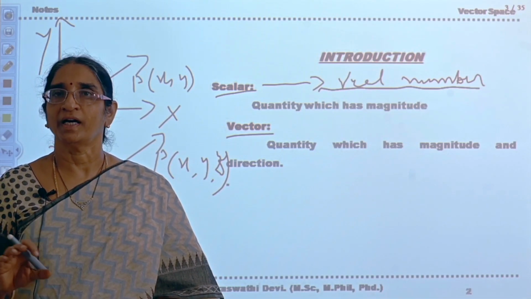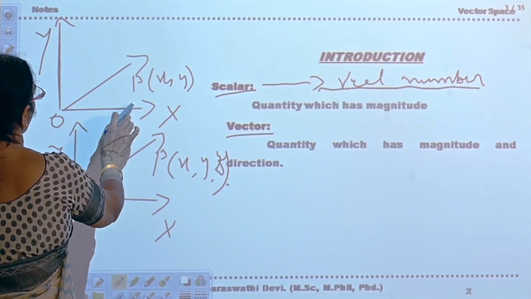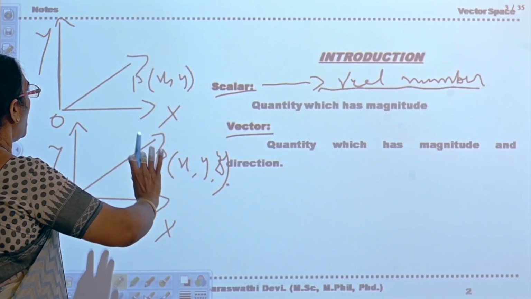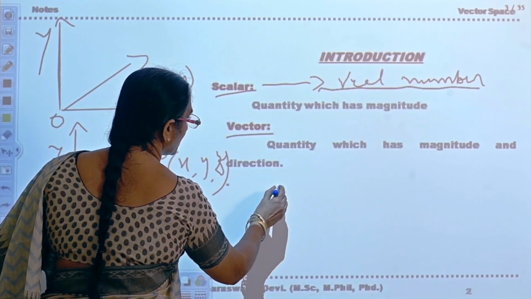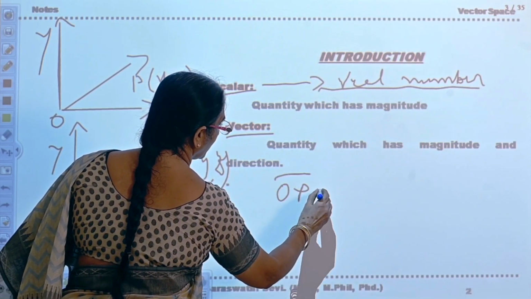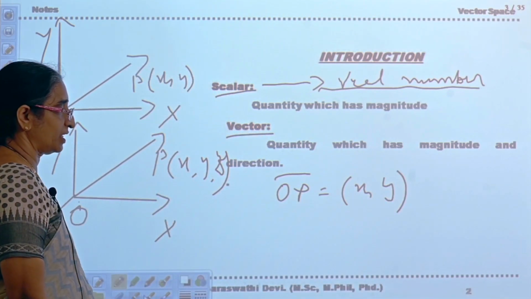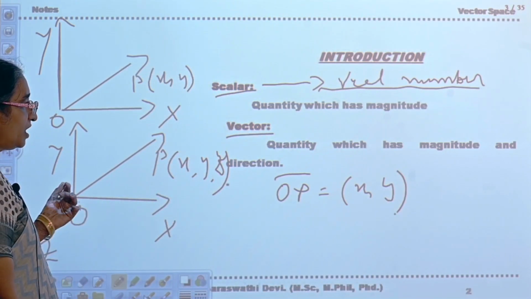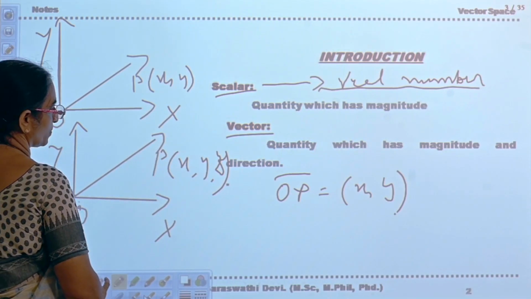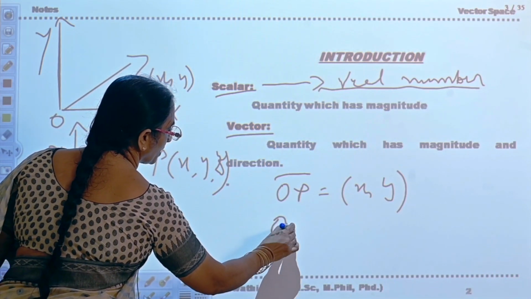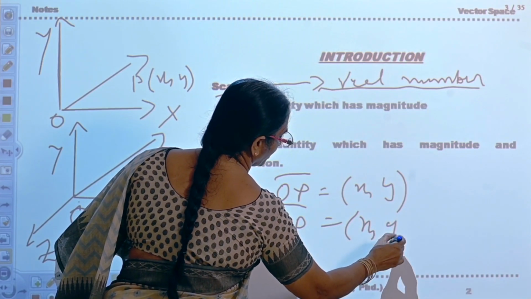If you consider the two-dimensional xy plane, OP is the directed line segment. How will you represent OP bar mathematically? By an ordered pair (x, y). In three-dimensional space with x-axis, y-axis, z-axis, you will write OP bar equal to (x, y, z).